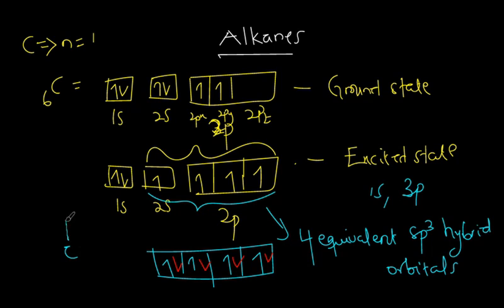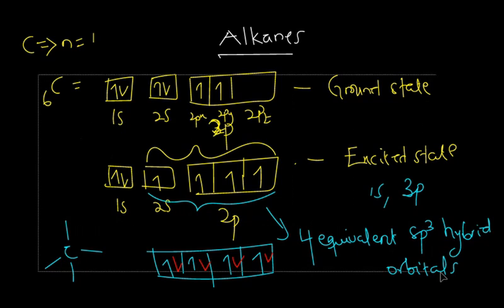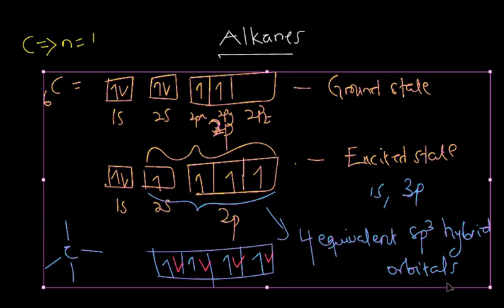If you can form 4 bonds, your geometry is tetrahedral, and you have a bond angle of 109.5 degrees. So this is a little bit about the hybridization of carbon and how come alkanes are sp3 hybridized and have the tetrahedral shape.